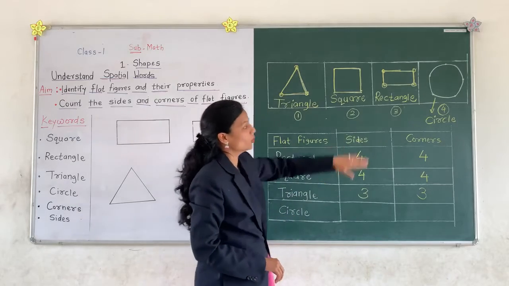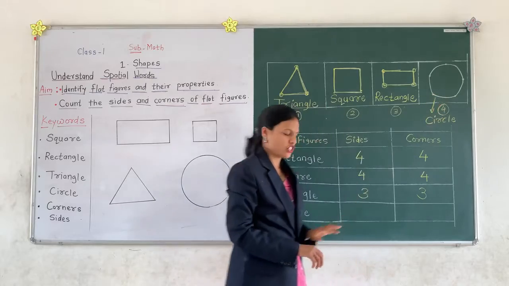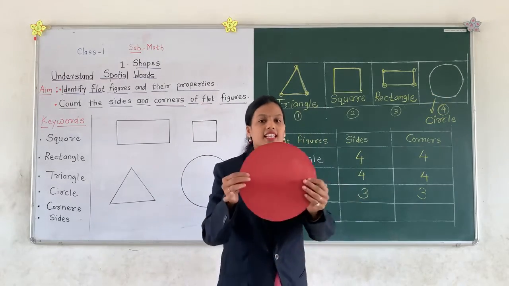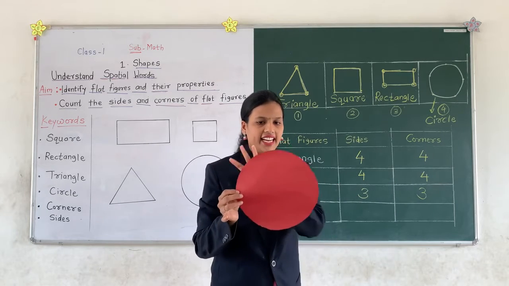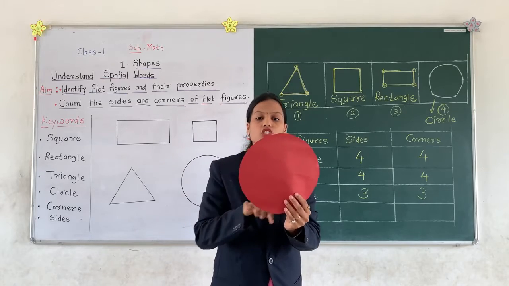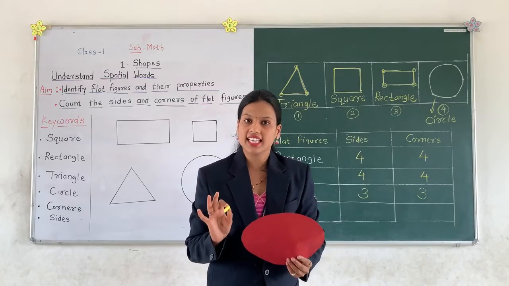Now we will move towards our last shape, that is circle shape. So can you see over here? See the circle. Does the circle have any sides or corners? No. The circle shape. How do we make a circle? We are not using a straight line. Right?